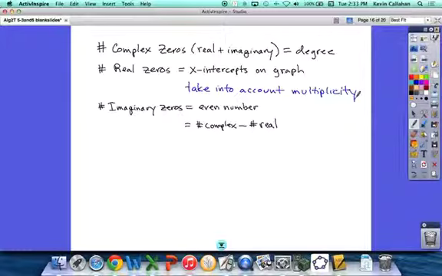Okay, and then if you can figure the number of real zeros, then you subtract the number of reals from the number of complex, and you should have the number of imaginaries. You know that the number of imaginaries has got to be an even number. If it's not an even number, then something went wrong.